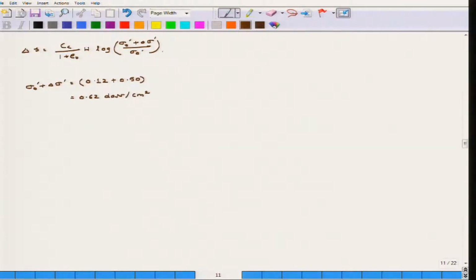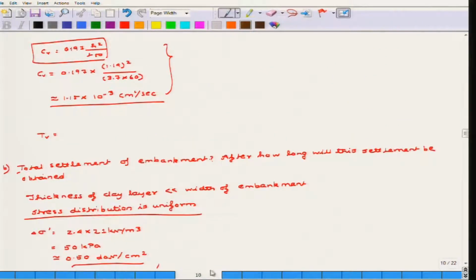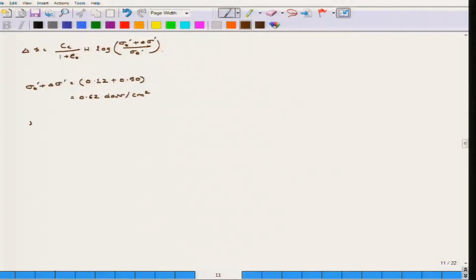Now, as I have said in the first problem, you have to check whether your present sigma naught dash is greater than the pre-consolidation pressure or less than the pre-consolidation pressure. Here sigma naught dash plus delta sigma dash is equivalent to 0.62 daN per centimeter square.